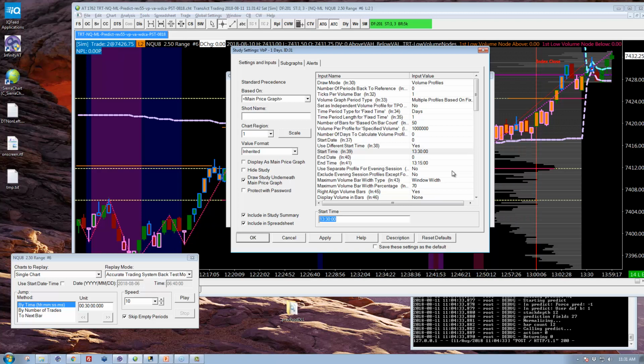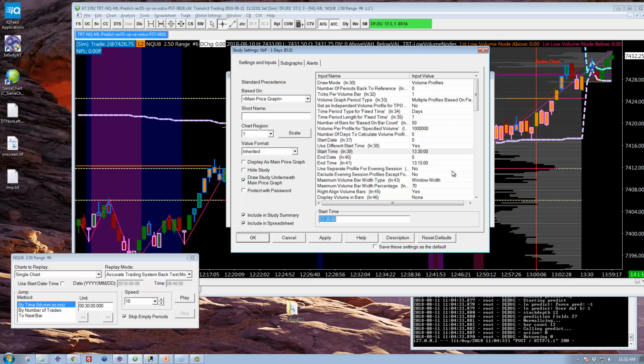So what happens is the electronic session opens up and trading starts, and then London opens up and trading continues, and by the time 6:30 rolls around, by the time the cash session in the US opens, there's enough volume there that you've got a profile to work with.